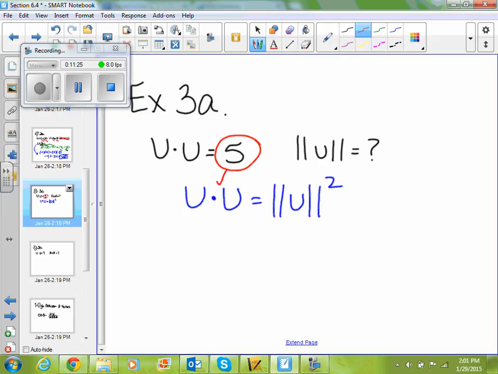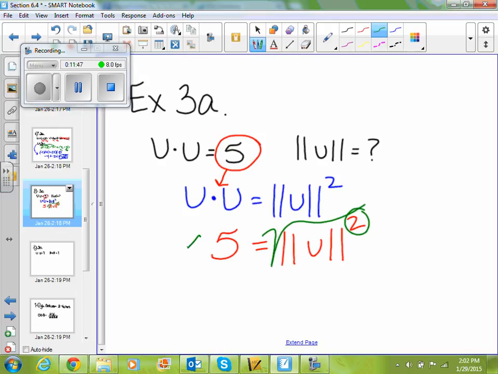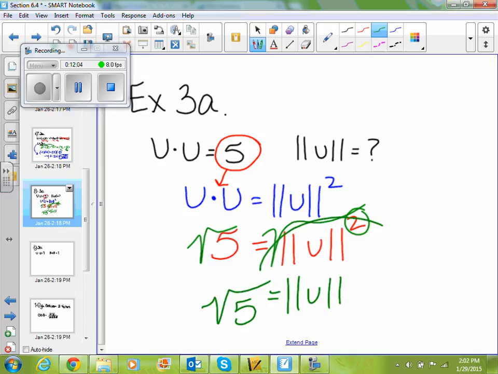So if I substitute in 5 for u dot u, then I end up with 5 equals the magnitude of u squared. So if I want to get rid of this squared so I can get my magnitude by itself, I take the square root. The square root and squared cancel, so my magnitude of u equals the square root of 5.